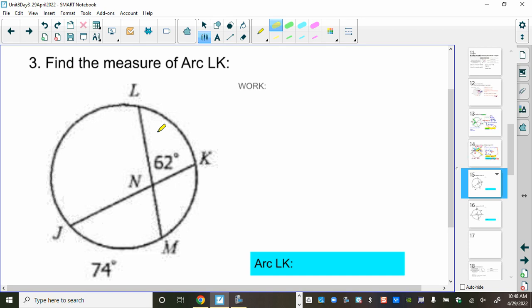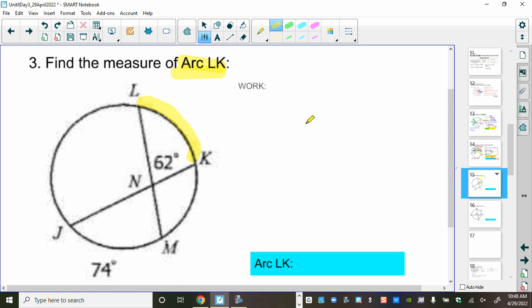Okay, find the measure of arc LK. So what are we looking for in this case? An angle measure or an arc measure? In this case, we're looking for this arc right here.